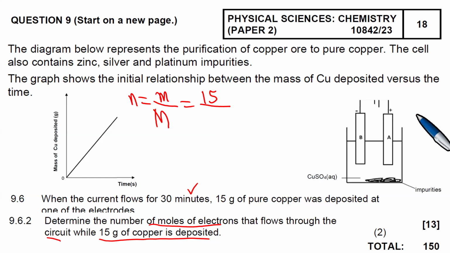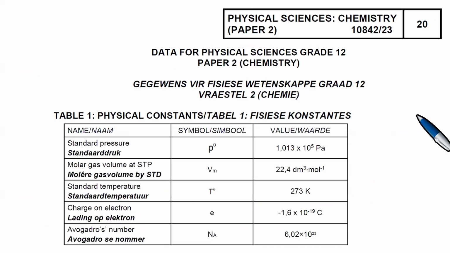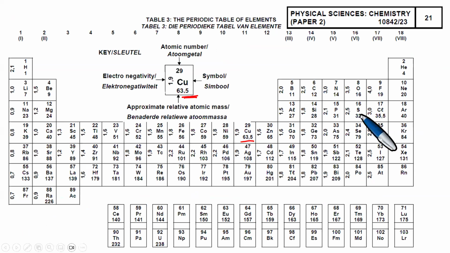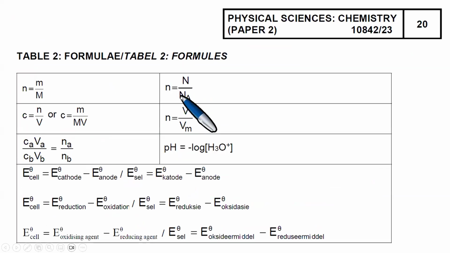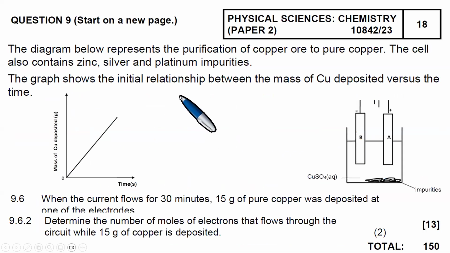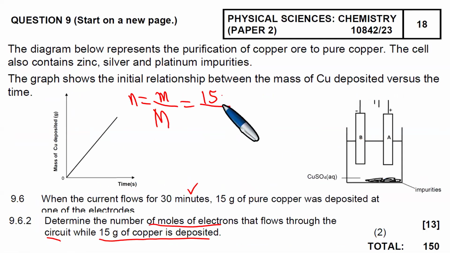Then over the molar mass of copper. What is the molar mass of copper? We can just check it again. The molar mass of copper, Cu, is 63.5.